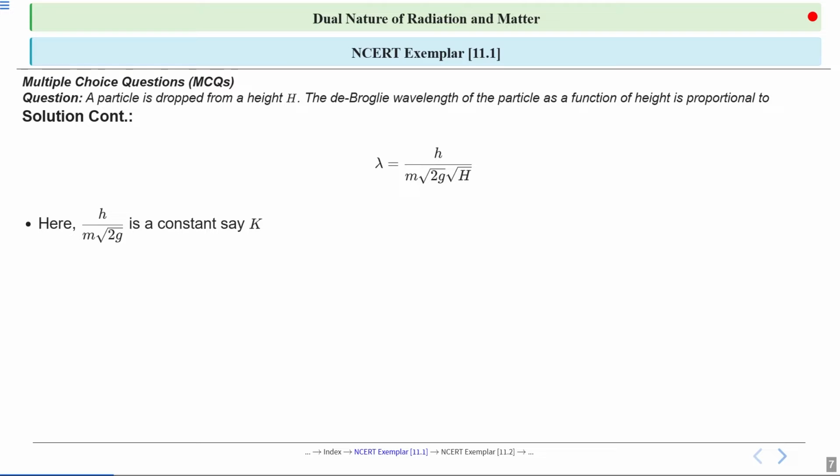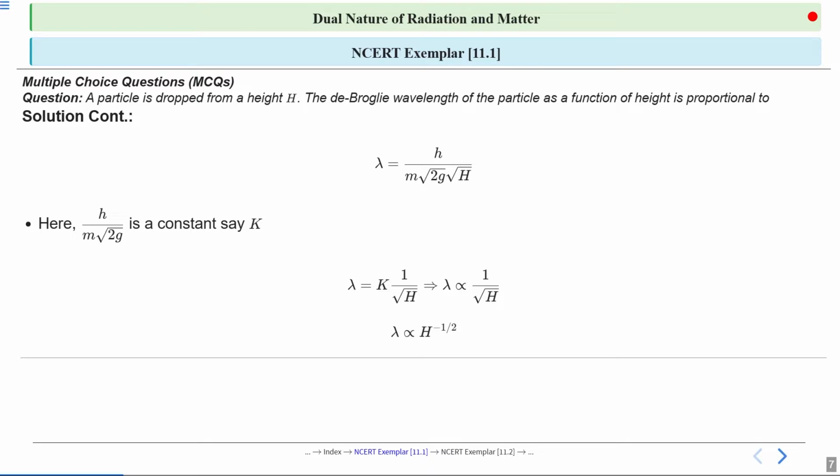So let's simplify the expression. The term h divided by m root 2g is a constant, say k, because g is constant, h is Planck's constant, and the mass of the particle is also constant. So we can write lambda is equal to k divided by square root of h, or we can say lambda is proportional to 1 over square root of h because k is constant.